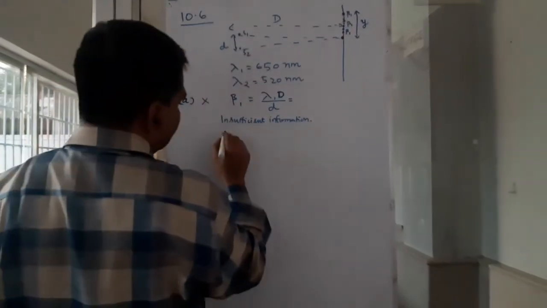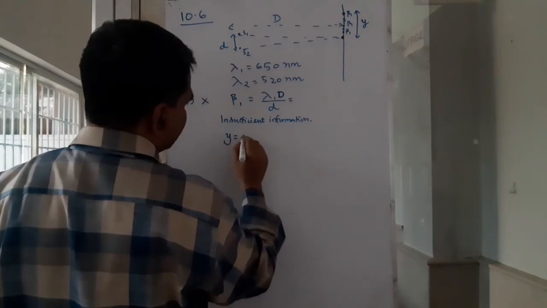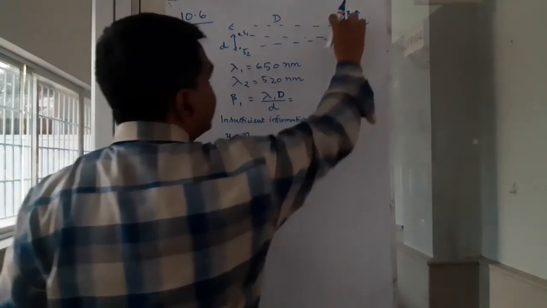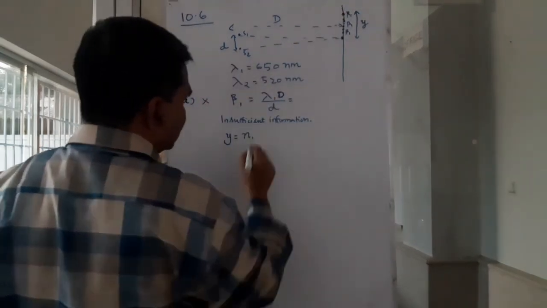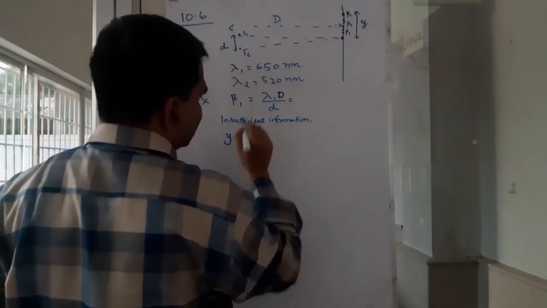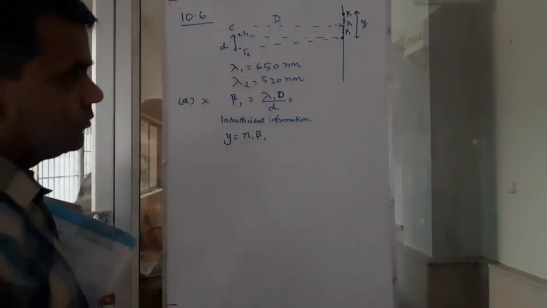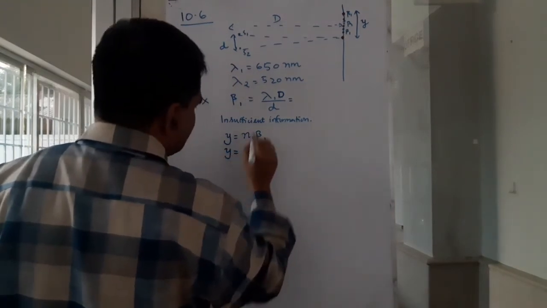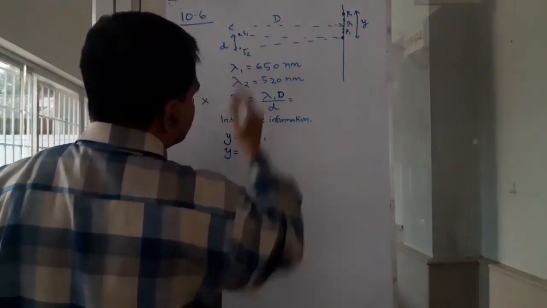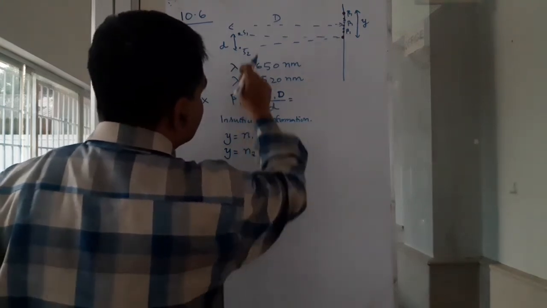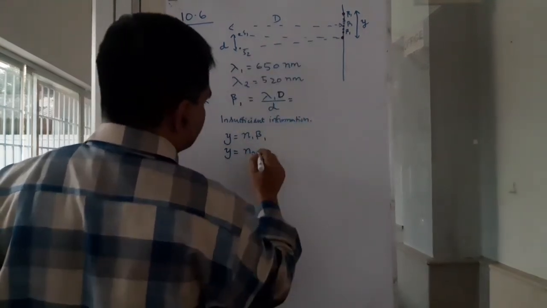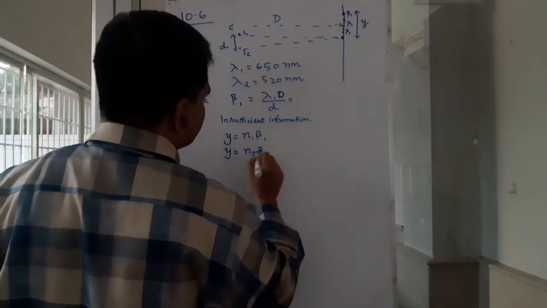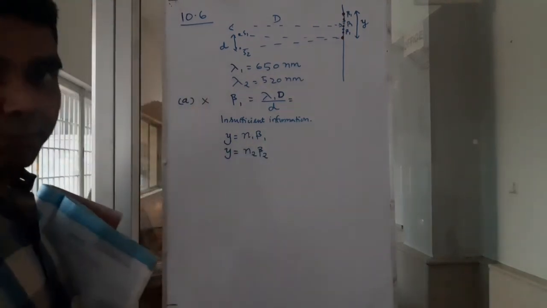So what is y? y must be equal to the number of fringes in the first one multiplied by the bandwidth, beta 1. And y must be the same for the second one: the number of fringes for the second wavelength multiplied by beta 2. This should happen.